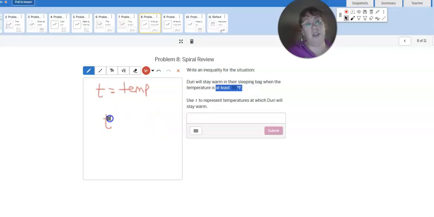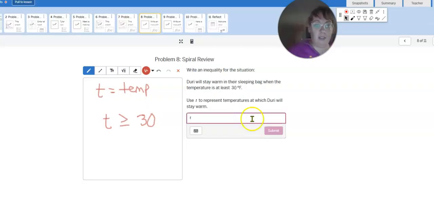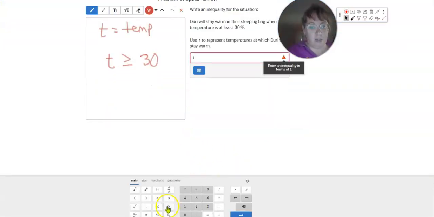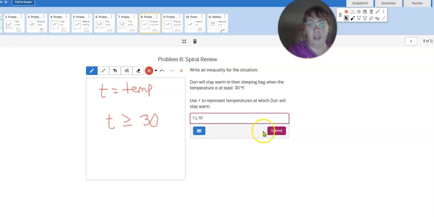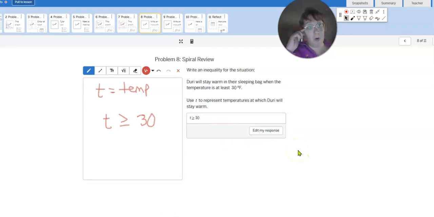So the temperature can be more than 30 degrees, but we do not want it to be less. So we want it to be greater than or equal to 30 degrees. As long as T is greater than or equal to 30, Dury will stay warm in that sleeping bag.